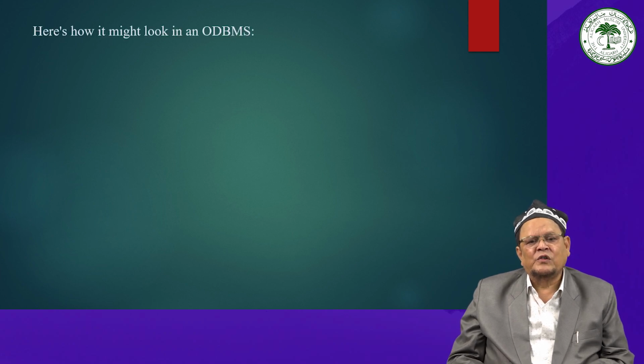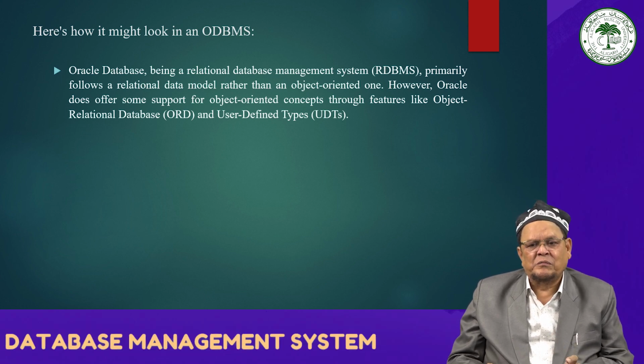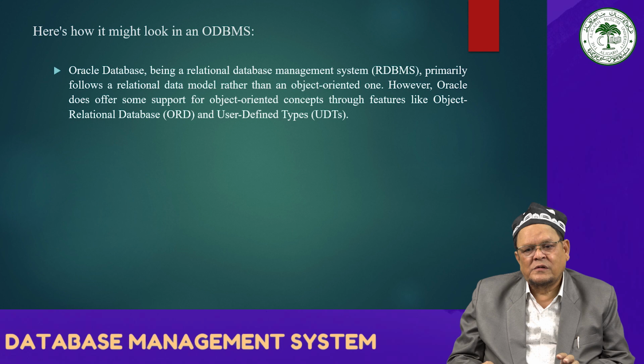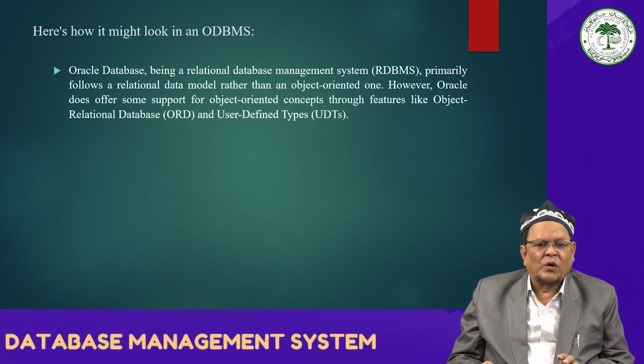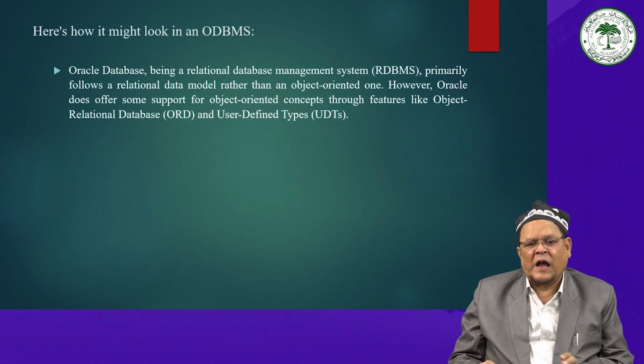How might it look in an ODBMS? Oracle database, being a relational database management system, primarily follows a relational data model rather than an object-oriented model. However, Oracle does offer some support for object-oriented concepts through features like Object Relational Database, ORD, and User-Defined Types.